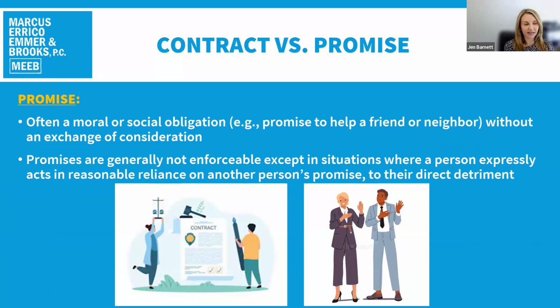So if somebody stated, if you buy this property, I'll make sure that you'll have easement rights to the adjacent properties, and then they turn around and don't grant easement rights, and that formed the basis for your agreement to buy the property in the first place, that might form a basis to go forward on a claim of detrimental reliance.